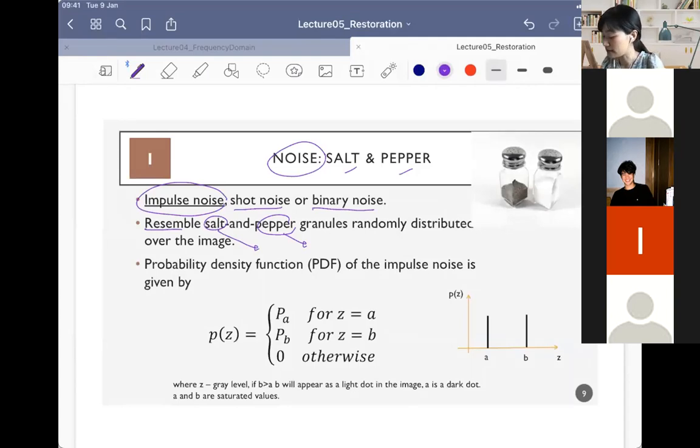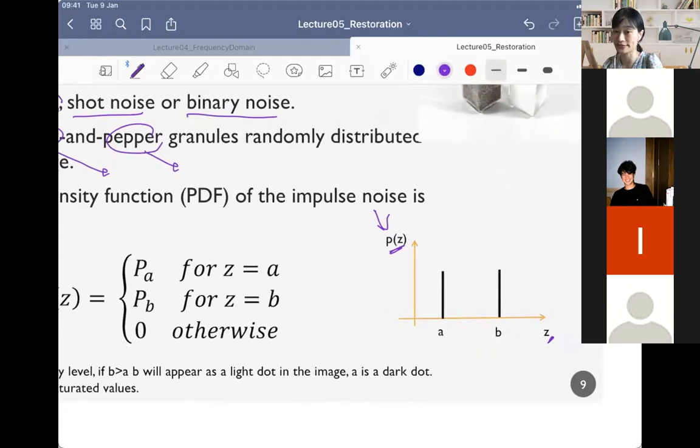So the distribution here is the probability of the intensity of the noise in an image, the probability of the noise in the image. This one is actually the intensity. So this is sort of a binary image, right? The binary noise. So they have two different colors.